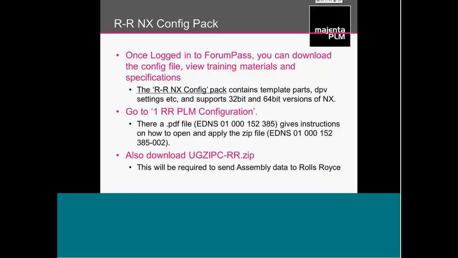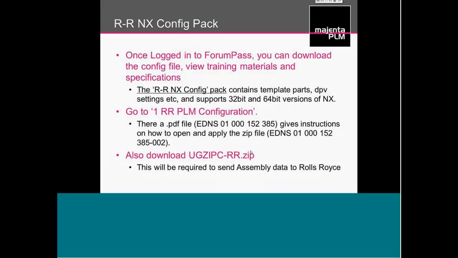Okay, so if you do go to the Rolls-Royce PLM configuration entry in ForumPass, you will also see that there's a PDF file with this number, and this gives you instructions on how to open and apply the zip file. The information in that file is quite sparse, but it does give you all of the information that's required for you to get up and running with NX running the Rolls-Royce configuration.